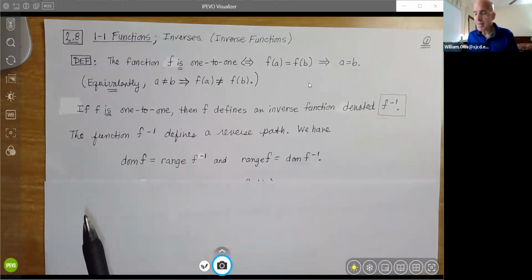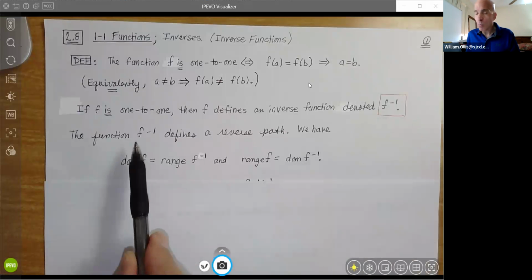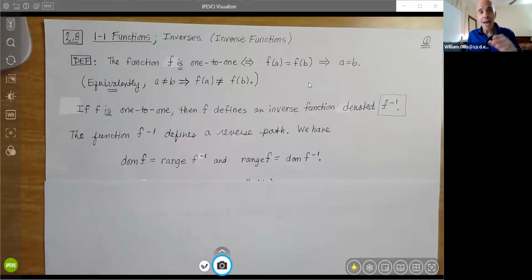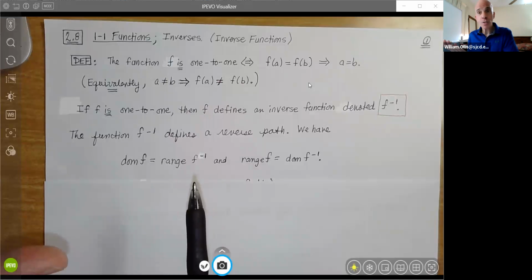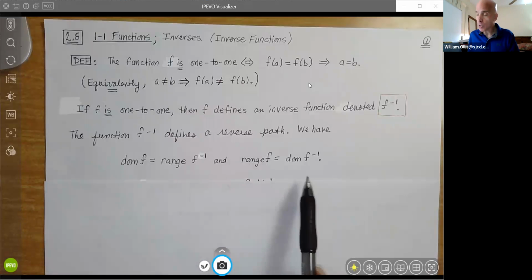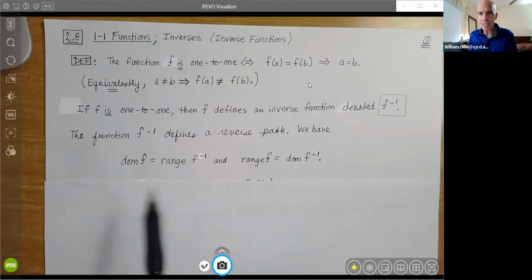Now, the idea is this. We say that f inverse defines the reverse path. So as you move from the domain of f to its range, the range of f is now the new domain of f inverse. And then f inverse moves the reverse path from the range of f back to the domain of f. So what we're seeing here is that this is kind of a crazy situation. It's just a flip-flop.